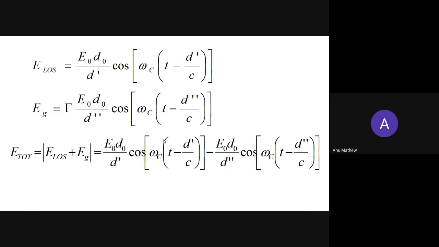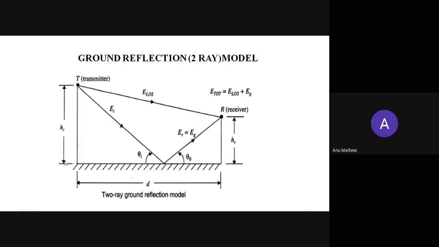We can write the total energy E TOT equal to E LOS plus EG. It is a vector concept, so two vector components are there: the line of sight energy plus the reflected energy from the ground reflected wave.